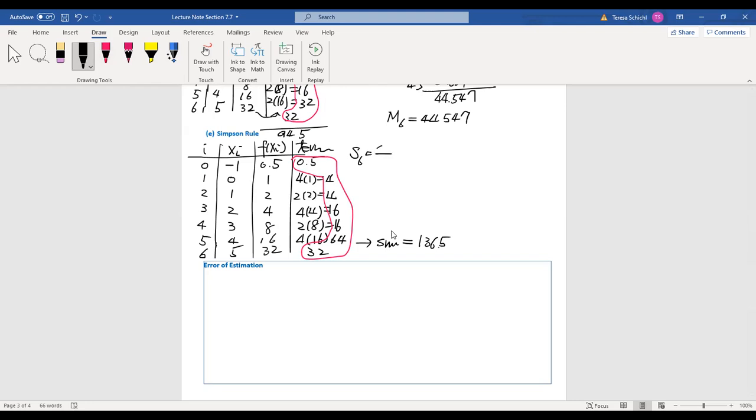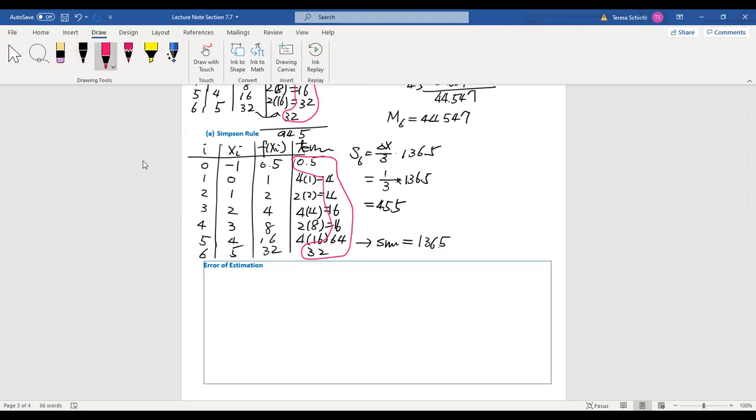So delta x over 3 times the sum, 136.5. So it's 1/3 times 136.5. So what will the Simpson's give us? It will give us 45.5.